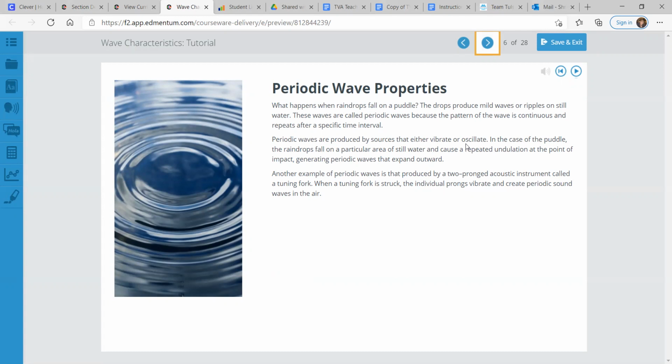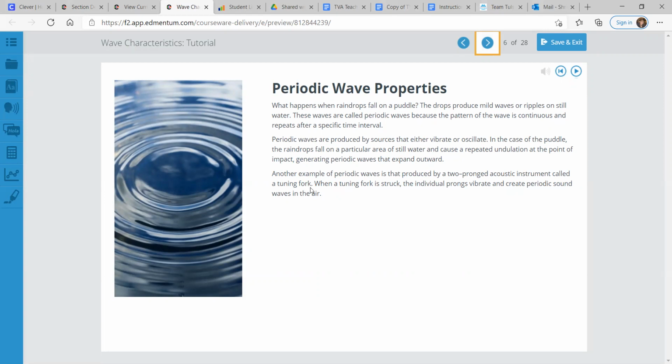In the case of the puddle, the raindrops fall on a particular area of still water and cause a repeated undulation. Undulation is movement at the point of impact, and this generates periodic waves that expand outward, and you can see that here. So a raindrop hits here, and then it will send ripples in a circular motion outward.